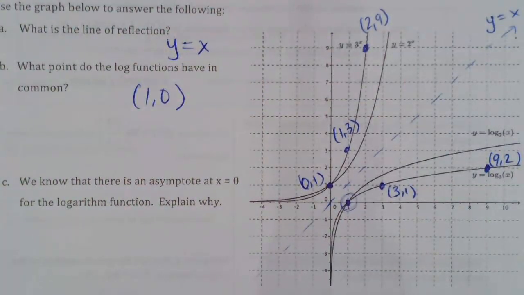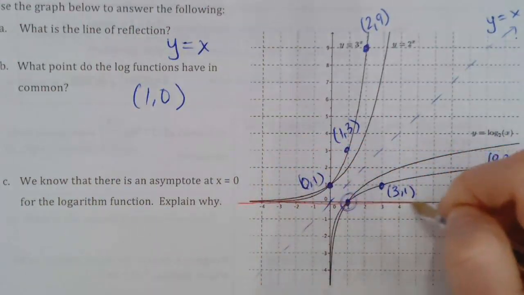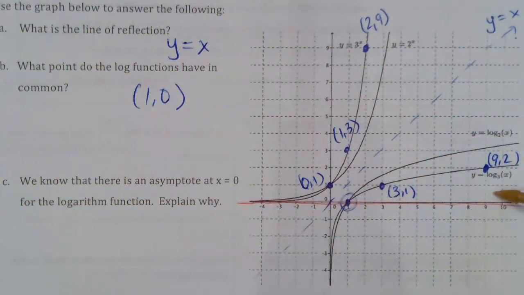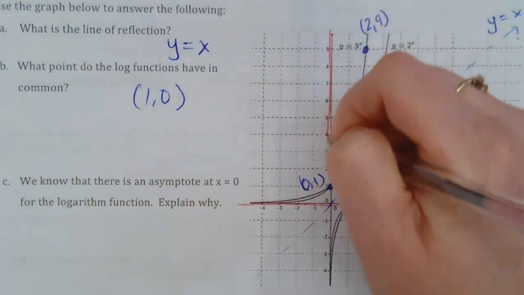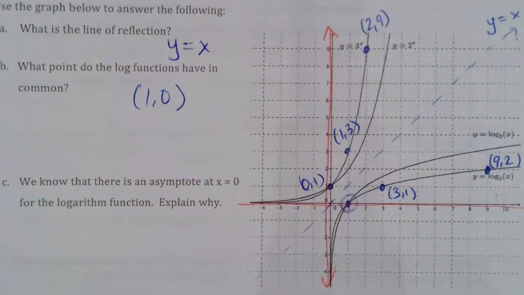And since we know for an exponential that there's a horizontal asymptote, the x-axis here, when we reflect that over this diagonal as well, all of our log functions are now going to have a vertical asymptote at 0.